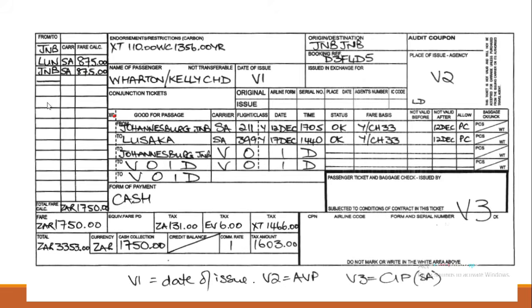Unfortunately, I cannot write on this ticket, but this is what it will look like after you are done writing on it. So the first thing that you will notice here is the route. So your route is telling you where you are coming from and where you are going, which airline you are going to be using, and how much you will be charging per sector.